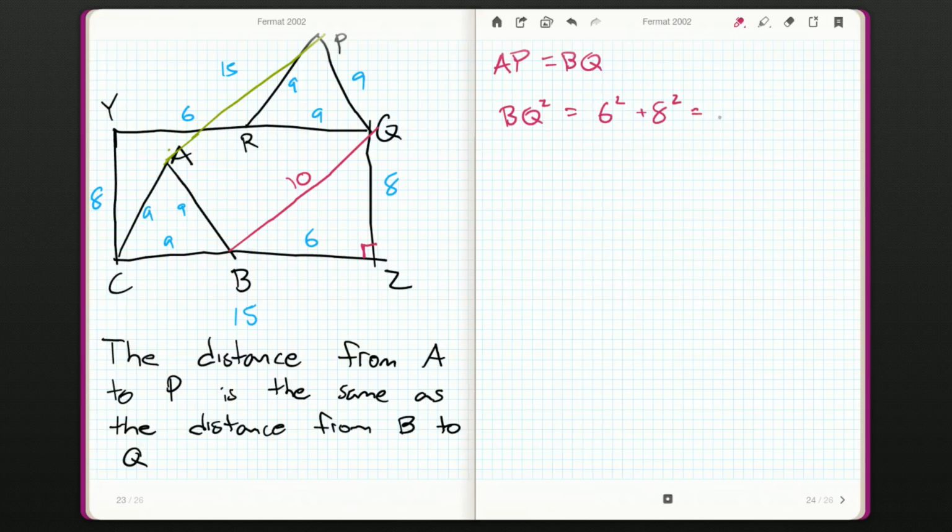It's by Pythagoras. That's going to be 36 plus 64. It's going to be 100. So BQ is square root of 100. Definitely 10. So AP, the length that we're trying to work out, is 10.